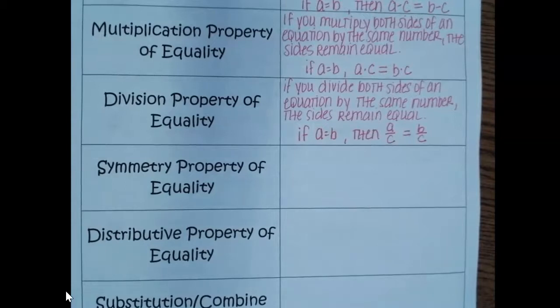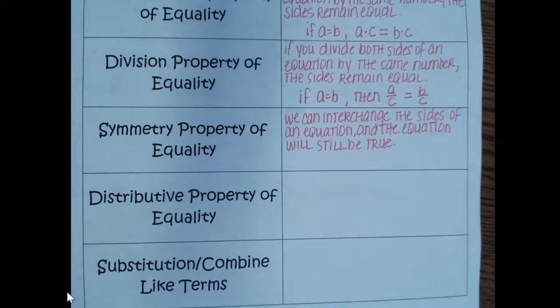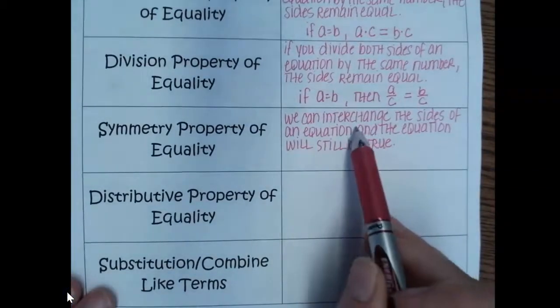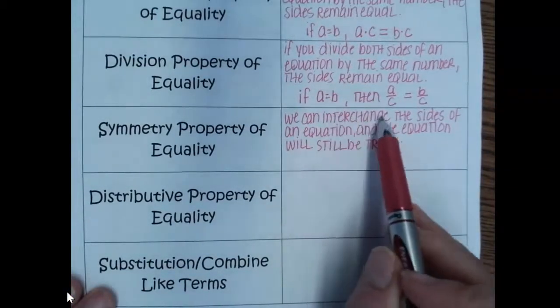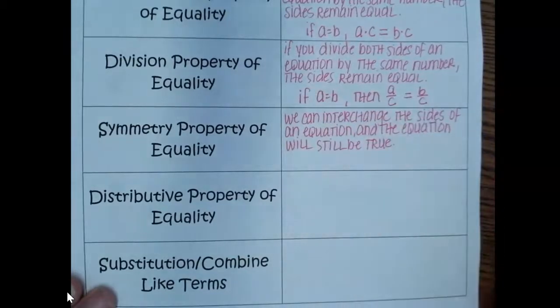Alright, and then our next property is the symmetry property of equality. The symmetry property states that we can interchange, or change places, the sides of an equation, and the equation will remain true.